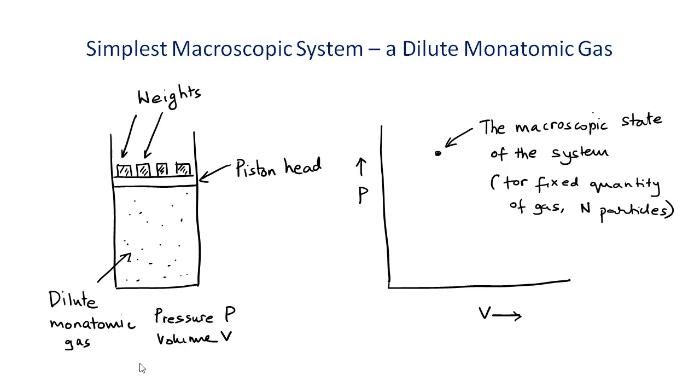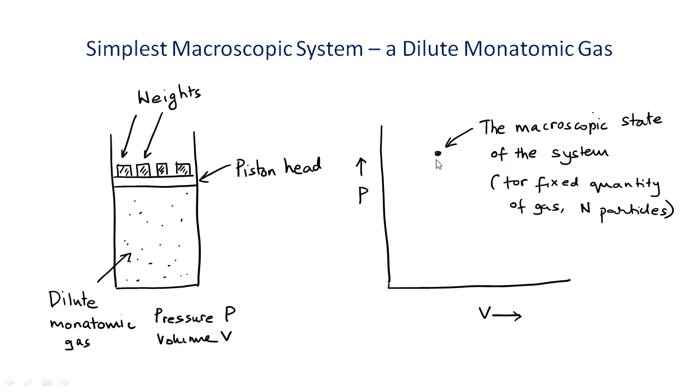The microscopic state of the gas depends on the position and momentum of each particle, or if we use the quantum picture, the wave function of each particle. But for a macroscopic description, just the pressure, volume, and number of particles are enough.